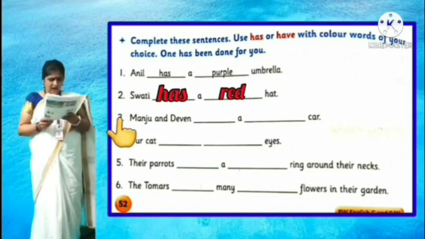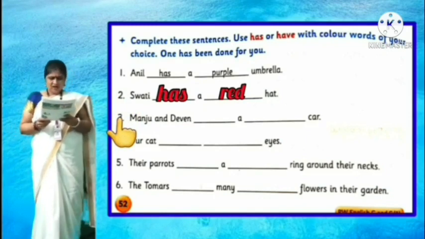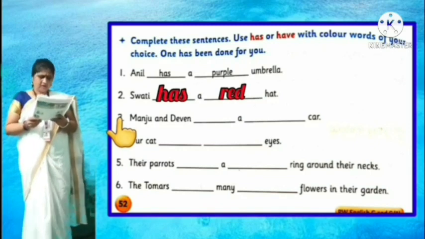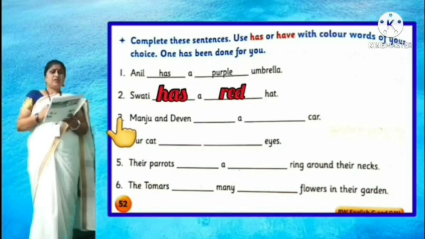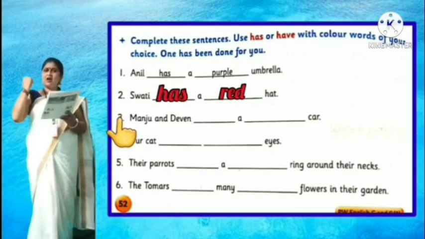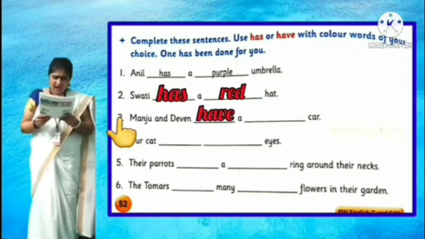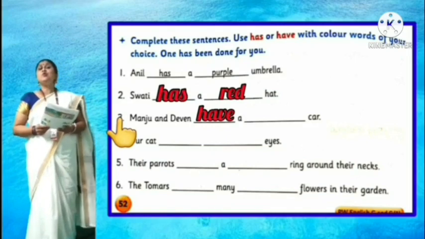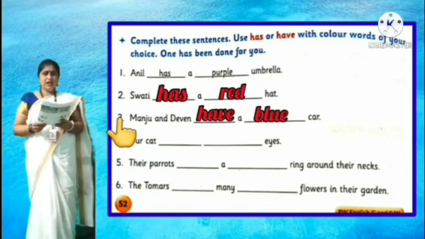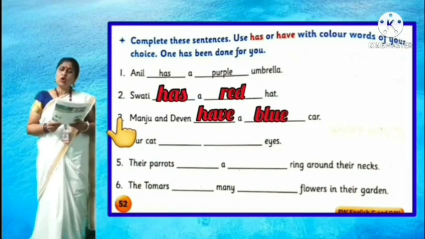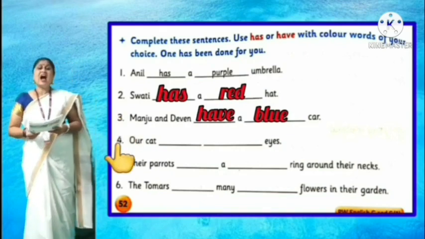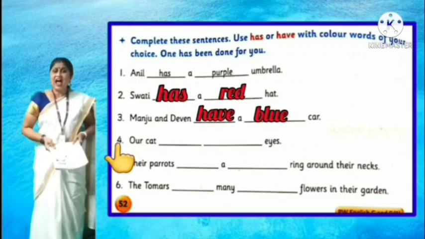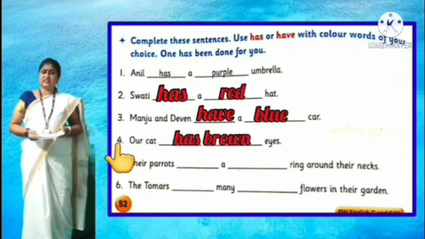Manju and Devan dash a dash car. They have, H-A-V-E, have a blue car. B-L-U-E, blue car. Our cat dash eyes. Our cat has brown eyes.